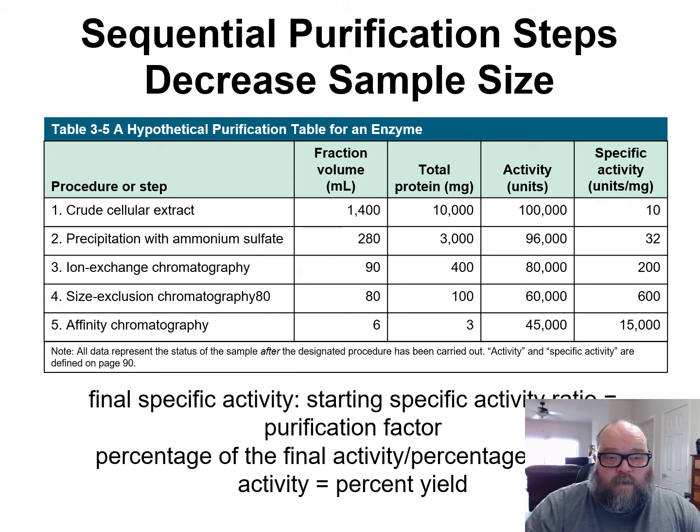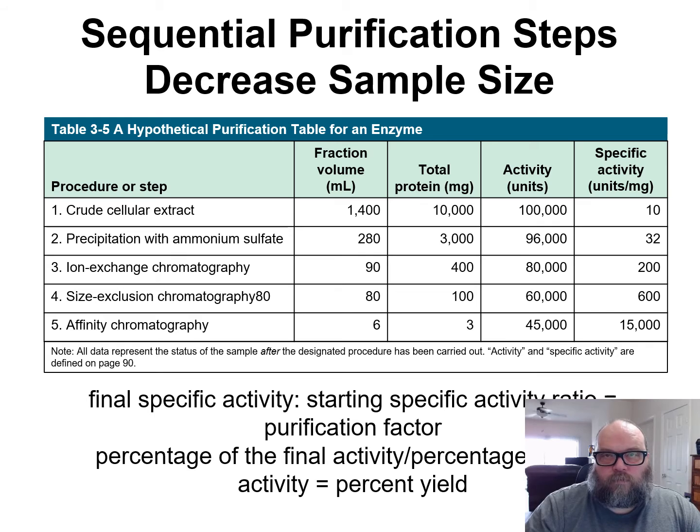Look at the volume, 1,400 milliliters, 1.4 liters, 10,000 milligrams of protein, and that activity units, our enzyme of choice. When we test that crude extract, we have a sliding scale of just how active that enzyme is. The more active it is, we say, the more of that enzyme has to be there.